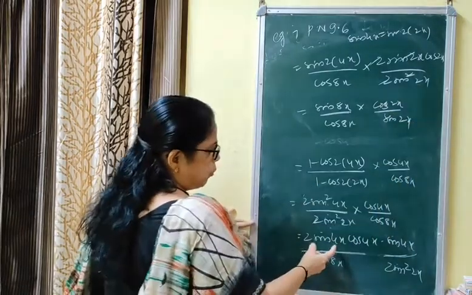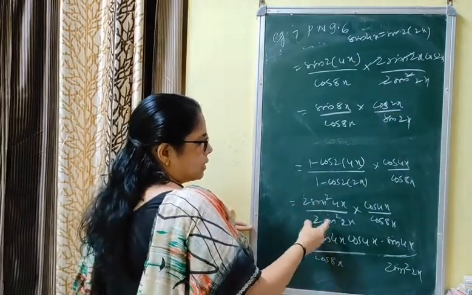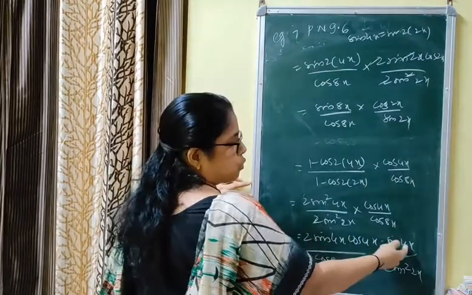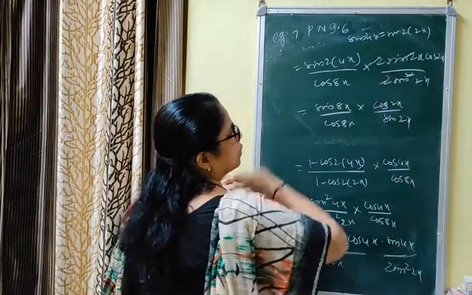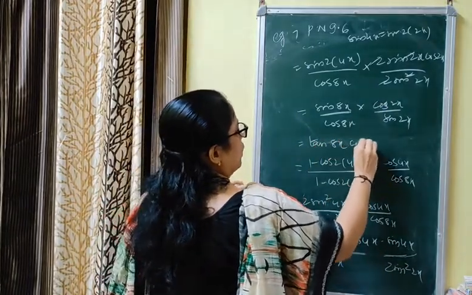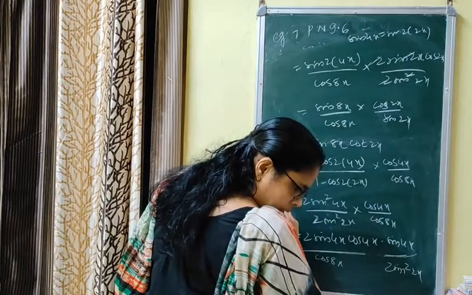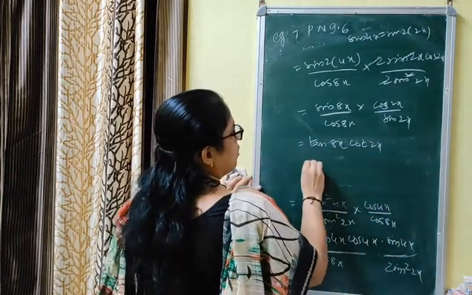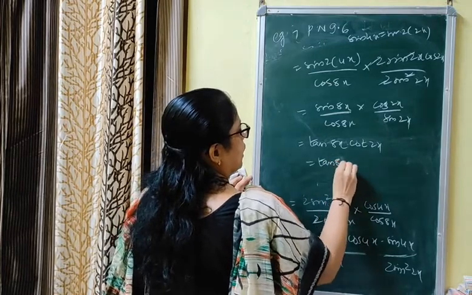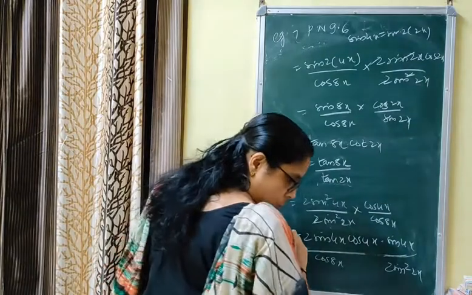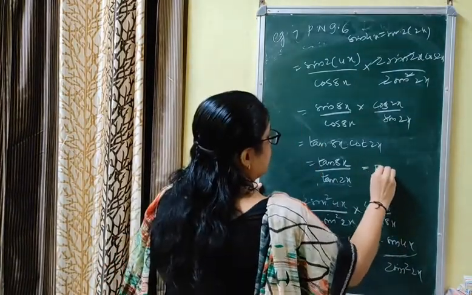Take care of this step: don't go directly to the next formula. Apply 2 sin theta cos theta, separate one sin 4x, and apply the sin 2 theta formula again. That is tan 8x into cot 2x. But you are asked to convert in terms of tan. Cot can be written as 1 by tan, that is tan 8x upon tan 2x. 1 by tan 2x is cot 2x, that is equal to RHS.